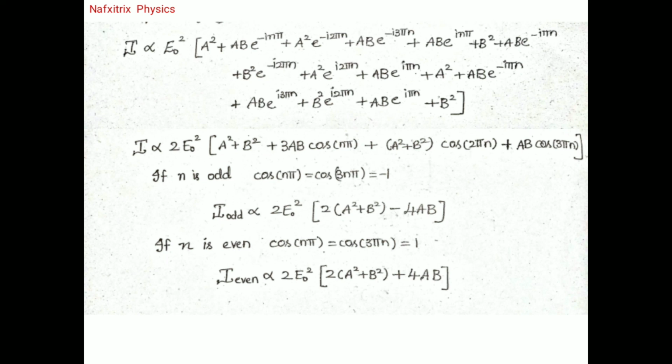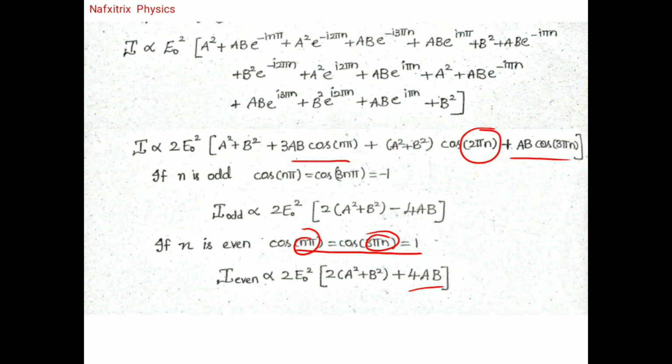In the same fashion, when n is even, all of them would be even, so this term would be even multiplied with even, and here 2 pi, 2 3s are 6, 6 pi, so all of them would be even. So this is plus 3ab, and this is also plus ab, so 3ab plus ab is nothing but plus 4ab.